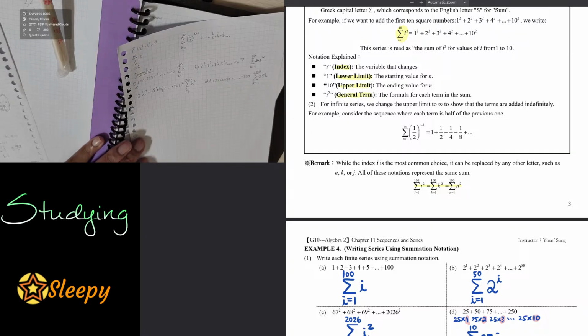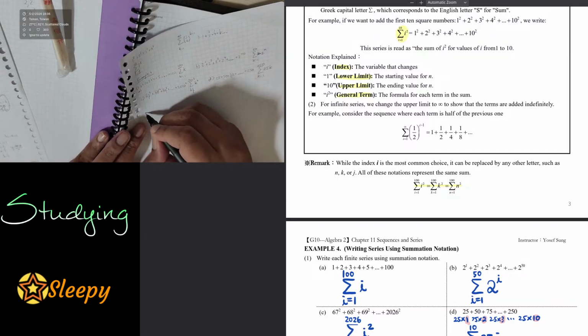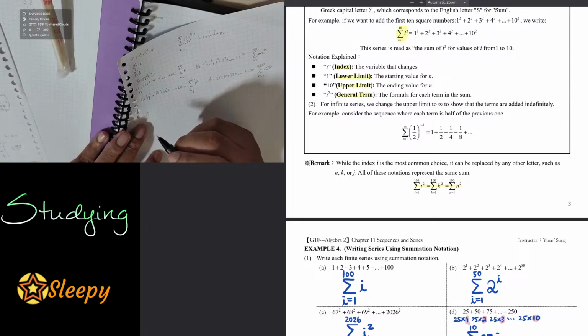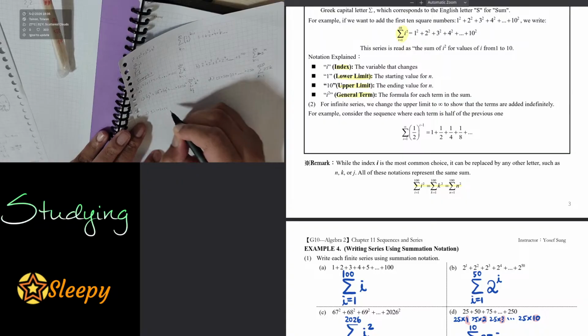So e is 1 plus 3 plus 5 plus 7 plus 9 and so on.